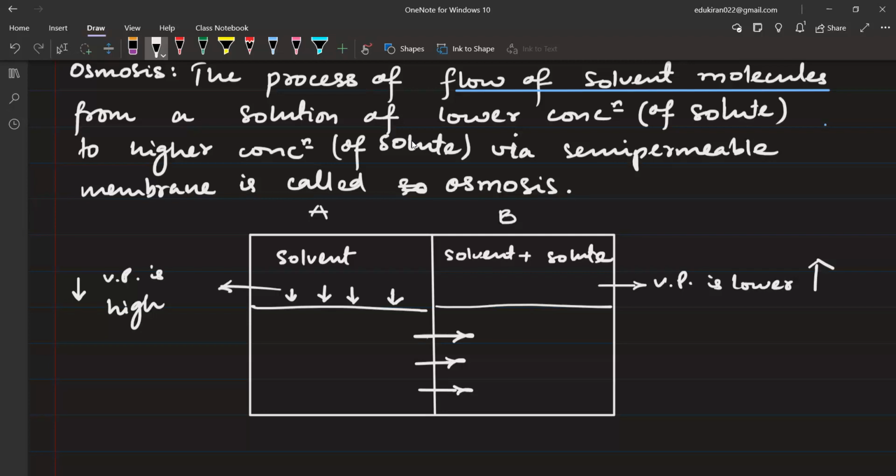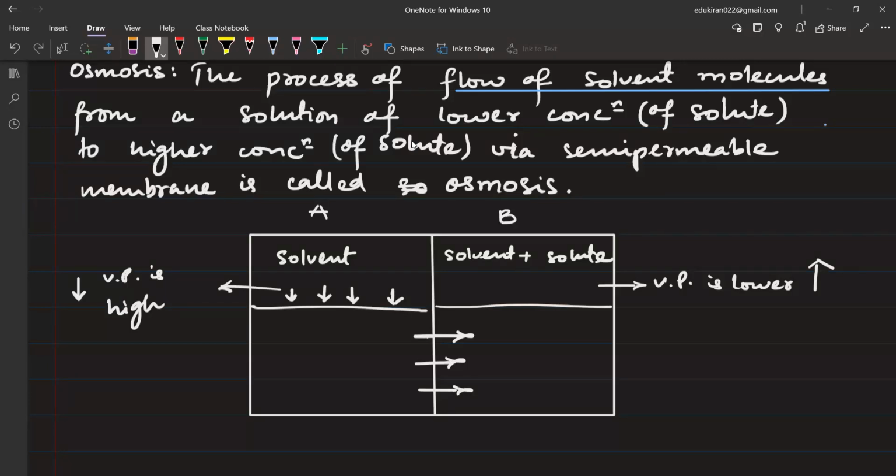There will be a time when equilibrium is achieved, and the vapor pressure of chamber A and chamber B will be equal. At that time, the passing of solvent molecules will stop. Exactly this passing is known as osmosis.